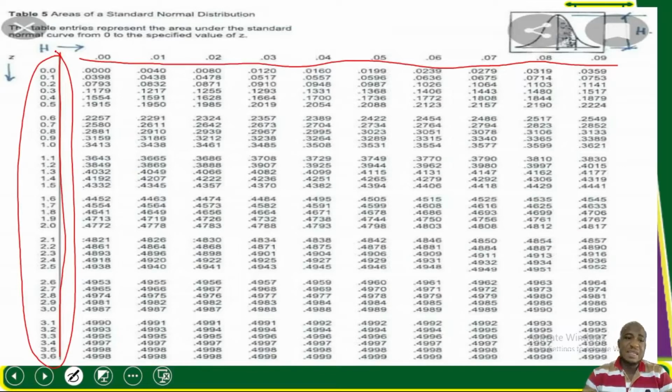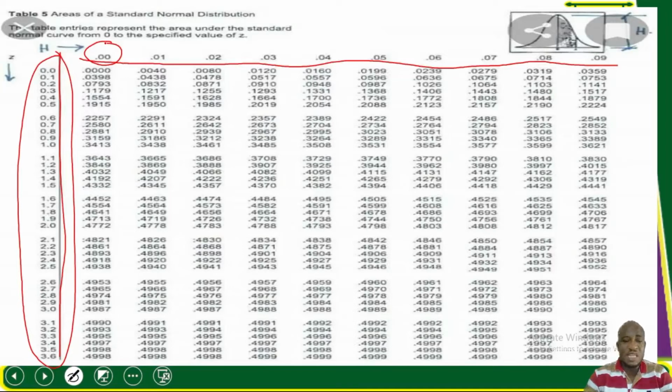Anytime it's one decimal place or two decimal places, we can get our information directly from the scores under 0.00. Let's take note of that.